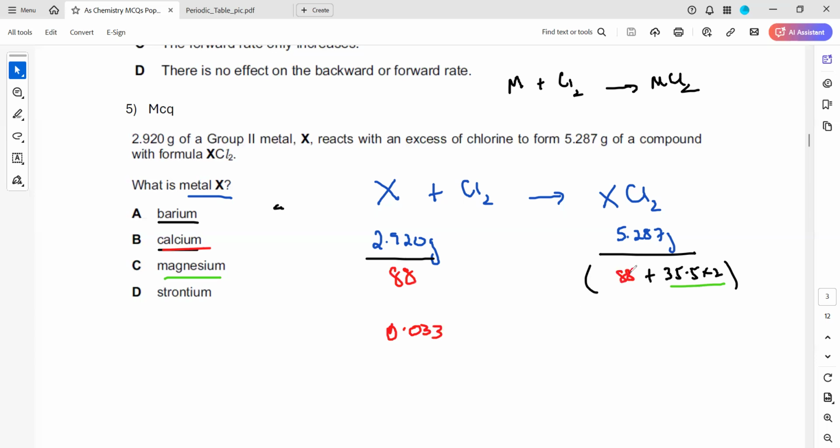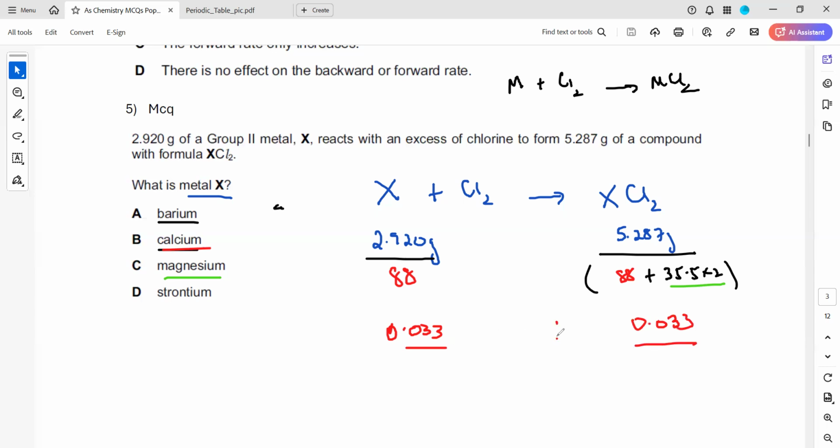And here when you add 88, 71 plus 88, the sum is 159. So 5.287 divided by 159, you got 0.033. So we got approximately the same.